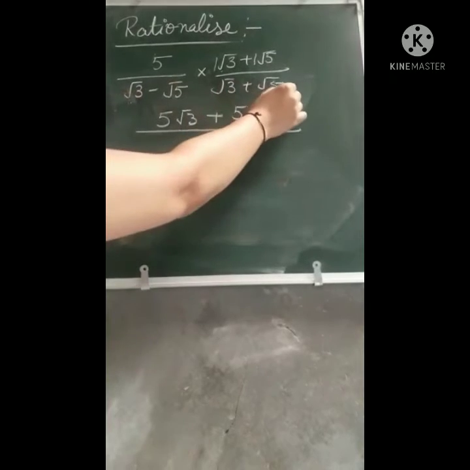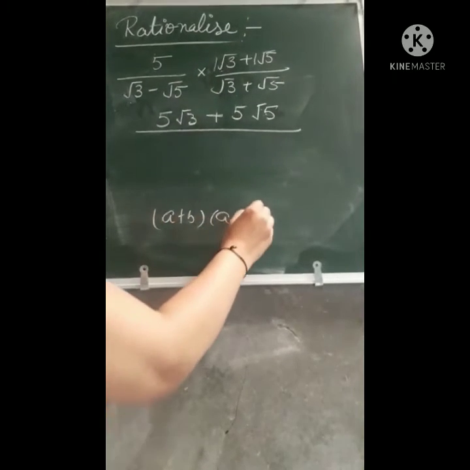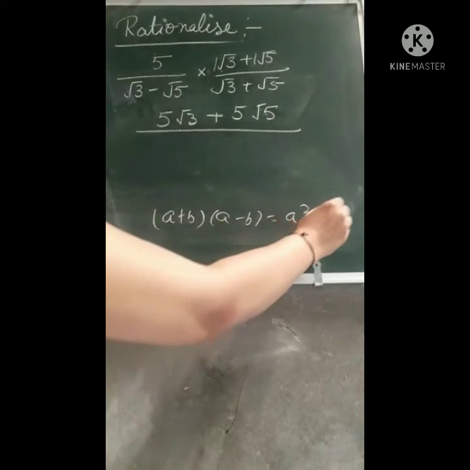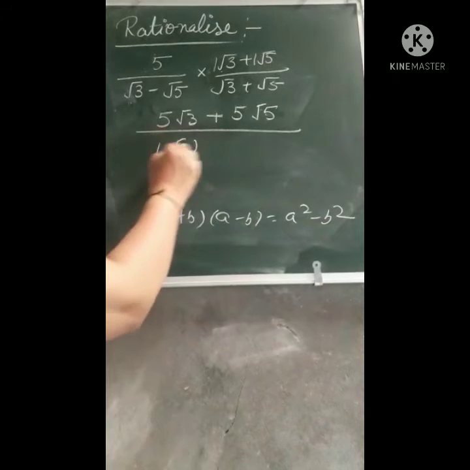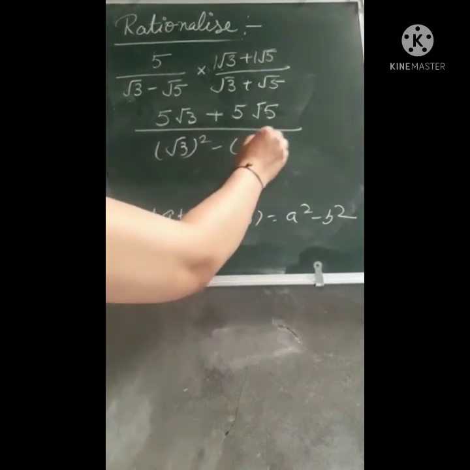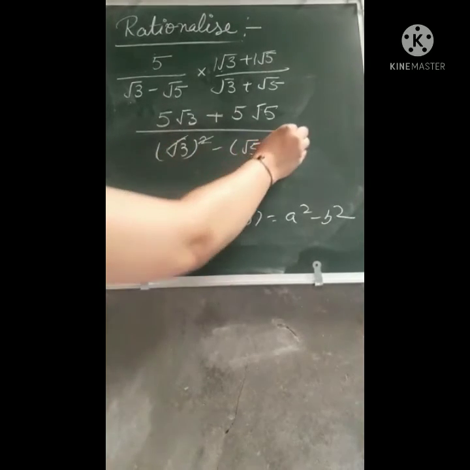Now again here is the identity, that is a plus b times a minus b equals a square minus b square. So it's under root 3 square minus under root 5 square. Okay? So root and square cut.